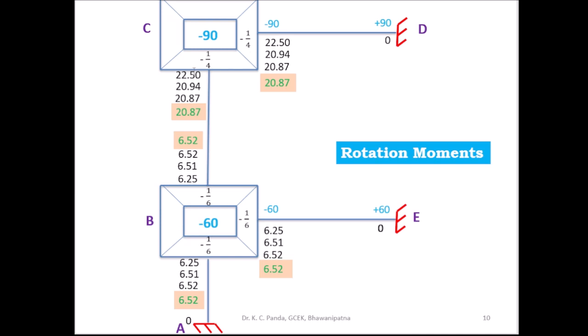The near end rotation moment is found by taking the rotation factor into the fixed end moment of the joint plus the summation of the far end rotation moments. In the first cycle, at end D is fixed, so you take the far end rotation moment as 0, and M-BC is also assumed 0 in the first cycle.